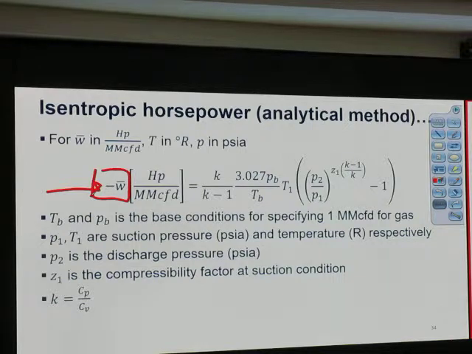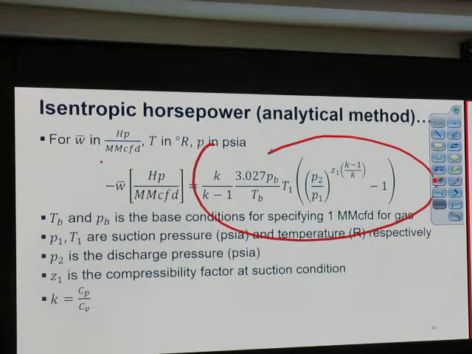W by itself is work done by the system, I believe. Put a minus sign over there, and it will be work done on the system. So whatever you do, this thing is positive and it's work done on the system.